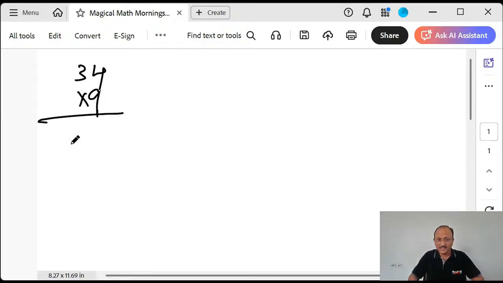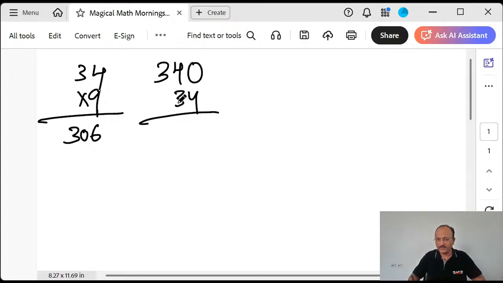Yes, it is 306. Perfect. Correct? No? What we do? 34010 we'll add, and from that we subtract 34. This is 306. Reverse order. Correct?